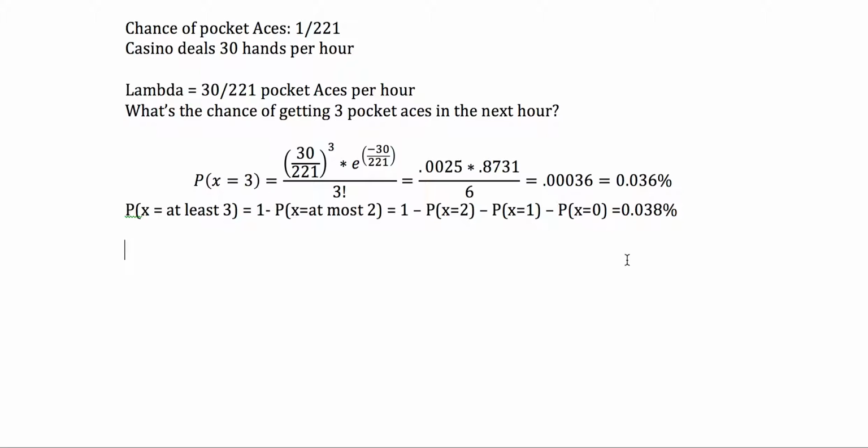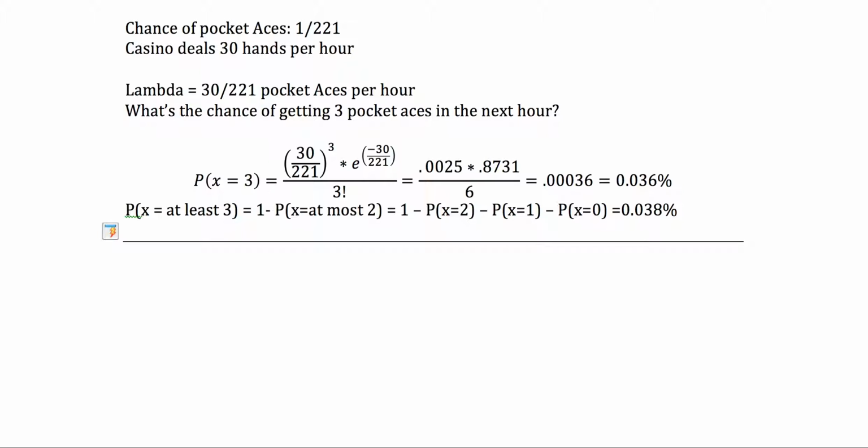Let's say that we want to now do another example. Let's say that in any given week in a neighborhood, on average, 5 accidents happen.